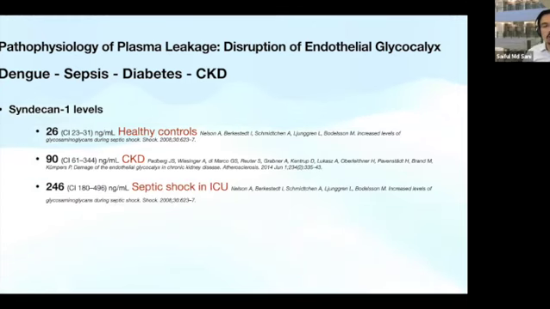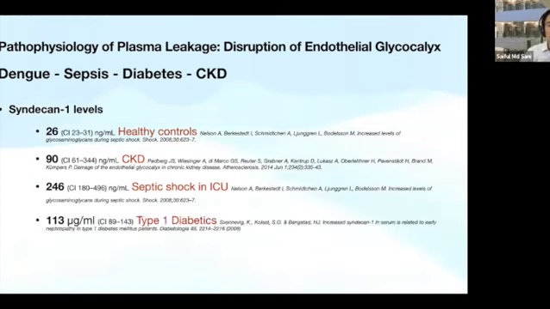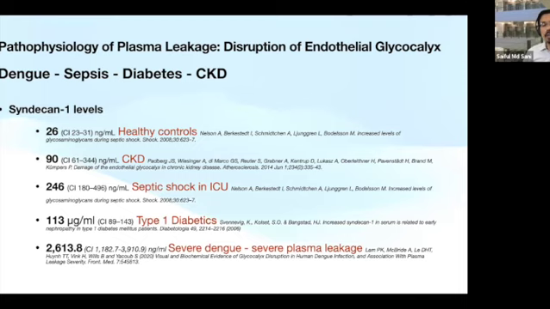If you have septic shock, it's almost 10 times higher. If you are type 1 diabetic with microalbuminuria, it goes from nanograms per mil to 100 micrograms per mil. If you have severe dengue with severe plasma leakage, as published by the Oxford Vietnam group, Bridget Wills and Sophie Yacoub, the levels become 100 times higher.